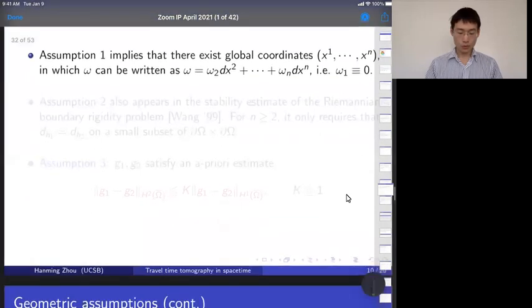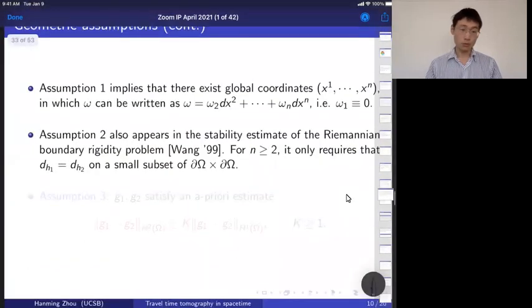And assumption 2 also appears before, in the Riemannian case, in the stability estimate by Wang. Also, for our problem here we will restrict to the case where the spatial dimension is bigger than or equal to 2.